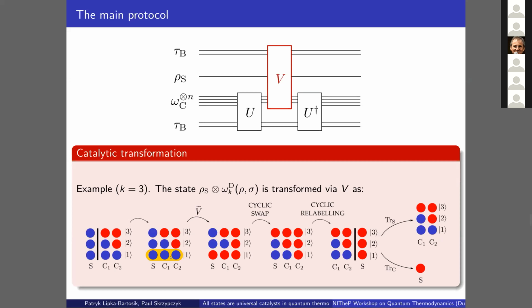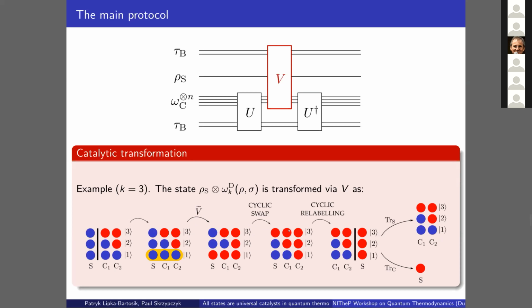And so let's do that. And let's transform it into the following state, using our V tilde. And after this, we perform a cyclic swap on the classical register so that the first system goes to the second, the second system goes to the first, and so on.